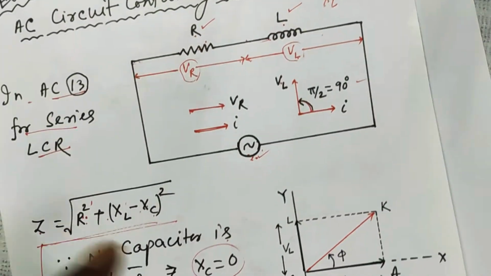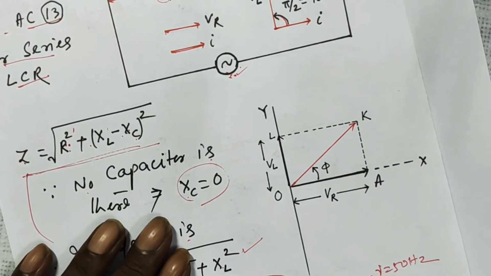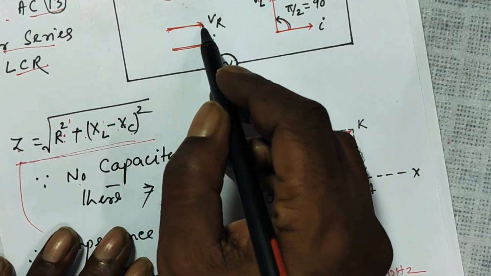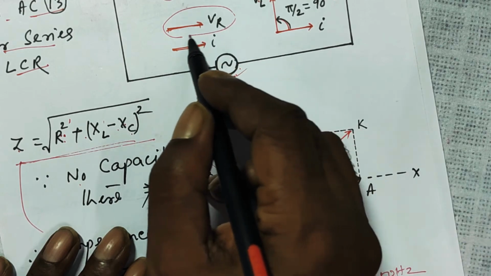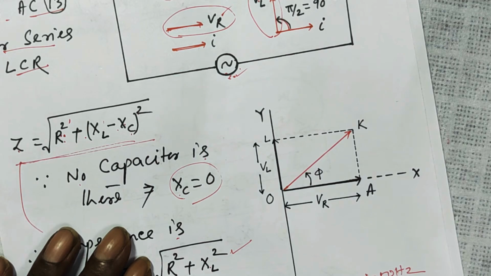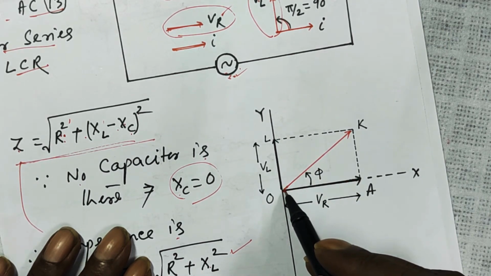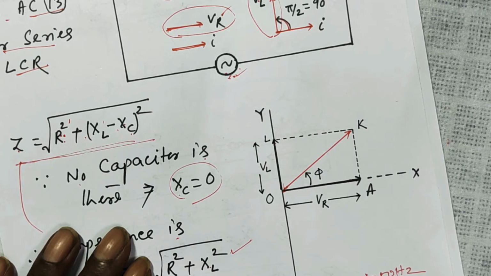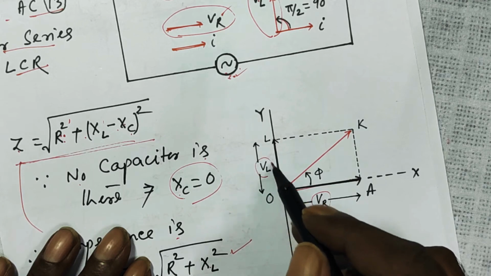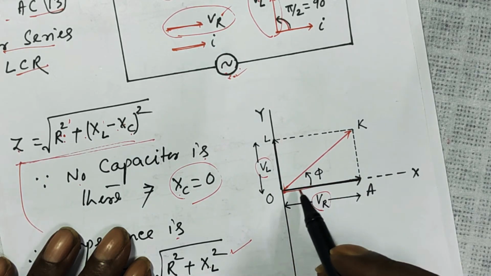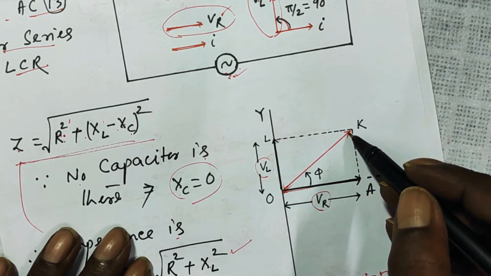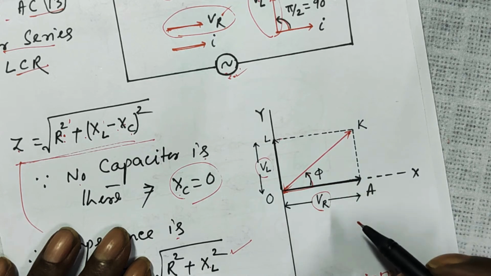Or if you look at this diagram, the phasor diagram, the angle between VR and VL is 90 degrees. So VR is to this side, VL is to this side. So the resultant of this VR and this VL, using vector addition, this is one vector, this is another vector, so this is the parallelogram, and this is the resultant. So this is your phi.